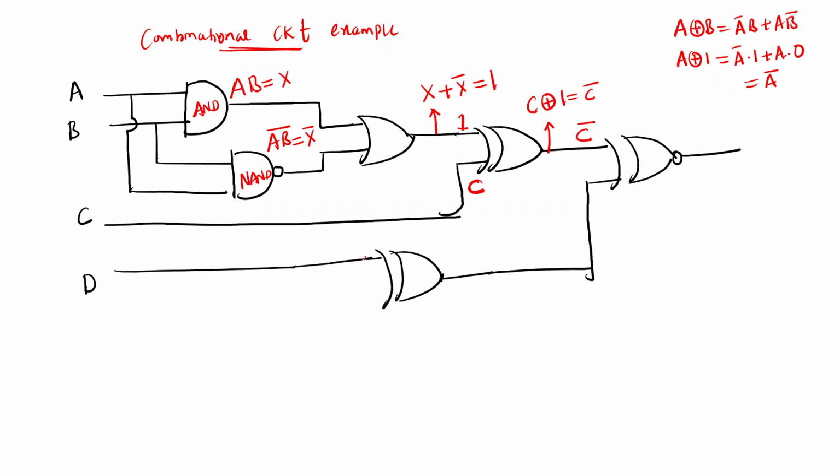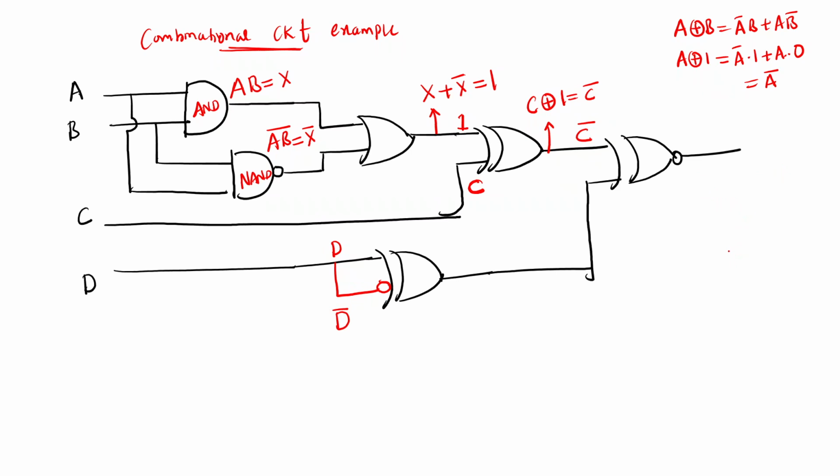Next, this input is connected with a bubble. So this is nothing but an XOR gate, and one more property of the XOR gate is there. Whatever you are giving through the bubble means you are getting D bar.